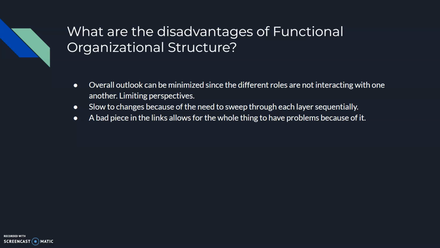Slow to change because of the need to sweep through each layer sequentially. Like I touched on in the last one, something that starts with the superintendent, by the time it works its way down, will have had to go through so many different layers that it will, one, be slow, and two, pass on and can alter as it goes.